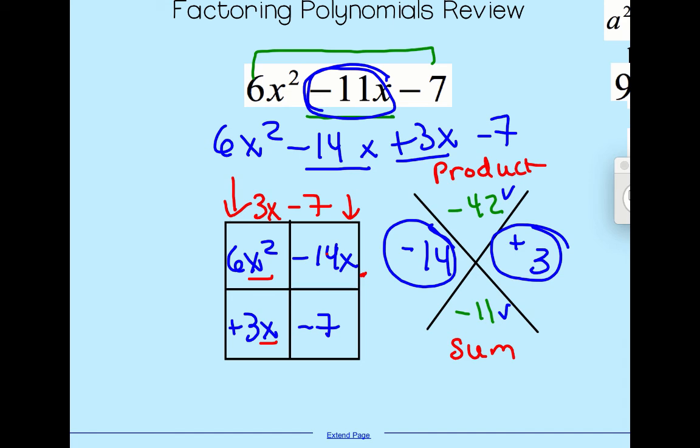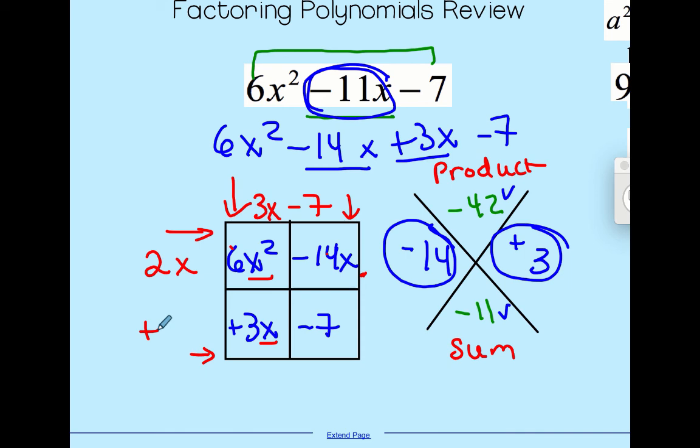Now I'm going to go ahead and go here. So now I'm looking this way. What does 6 and 14 have in common? 2. I'm going to put positive 2 since the 6 is positive. And now I look at the x factors, and they have x to the first in common. Now I'm going to go ahead and look at this next row. Since 3 is positive, I'm going to put a plus.